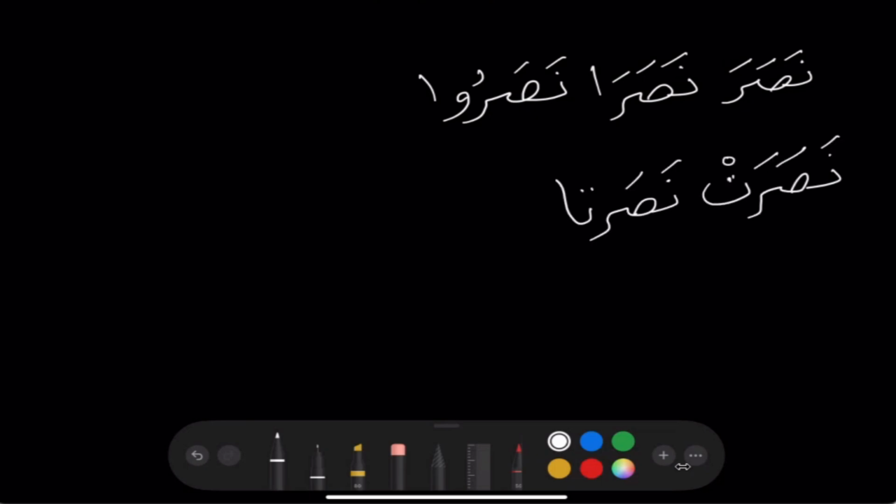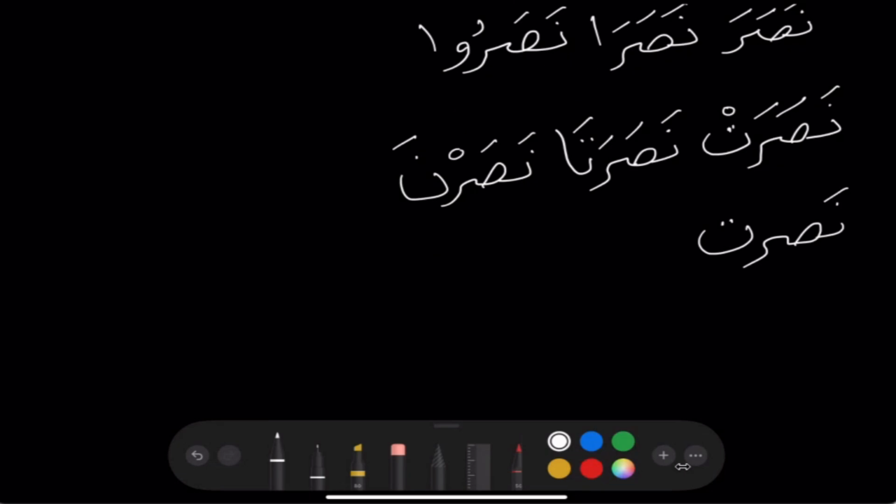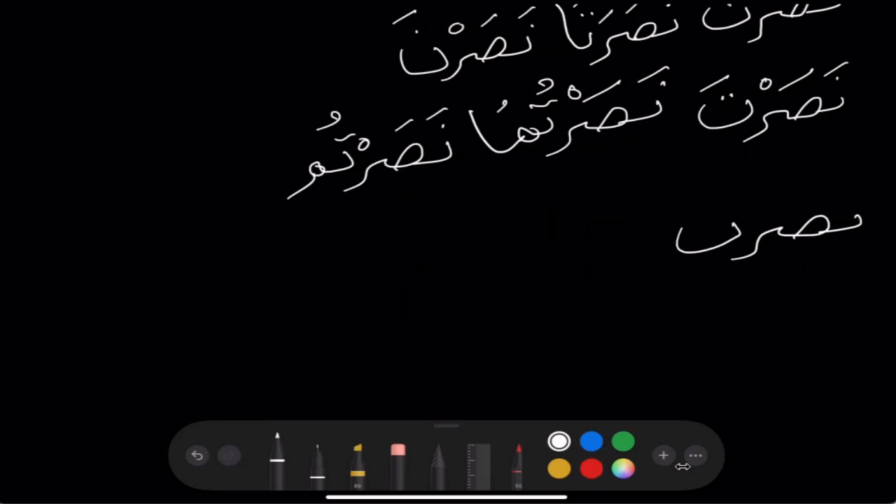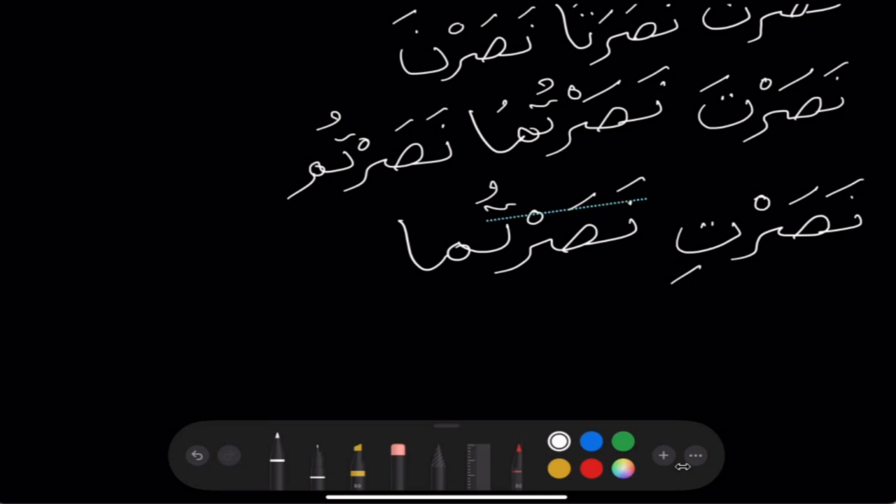Bismillah. Nasara, Nasaru, Nasarat, Nasarata, Nasarna, Nasarta, Nasartuma, Nasartum, Nasarti, Nasartuma, Nasartunna.